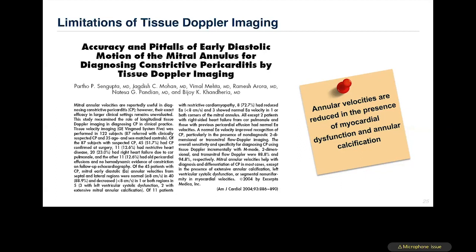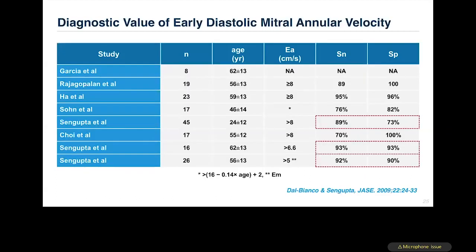There has also been an attempt to look beyond mitral annular velocities to understand how newer techniques can be used. And here is a description of annular velocities and how it functions. Now you can see here that the annular velocities are really very reliable.